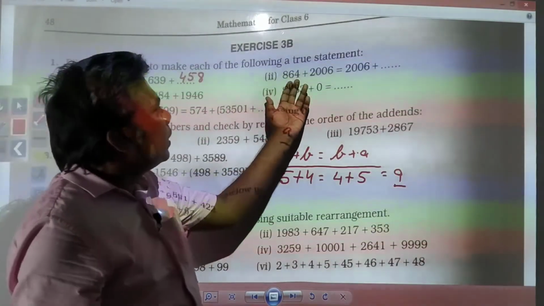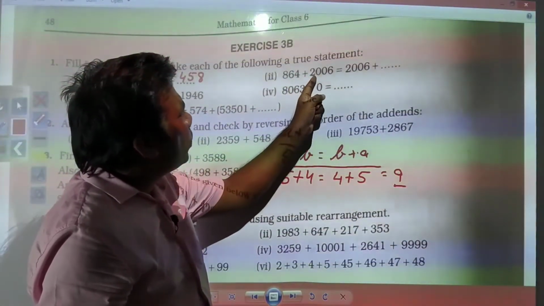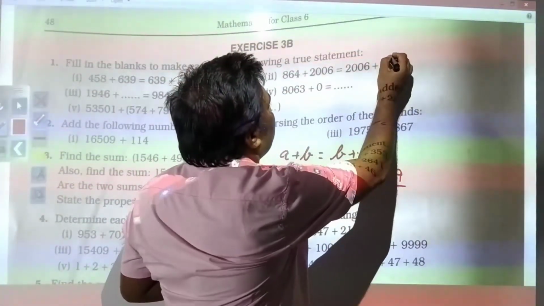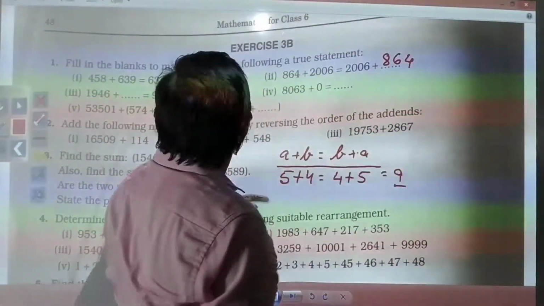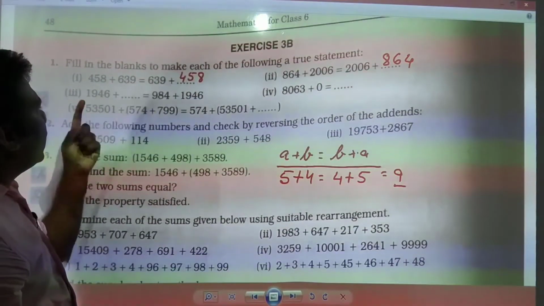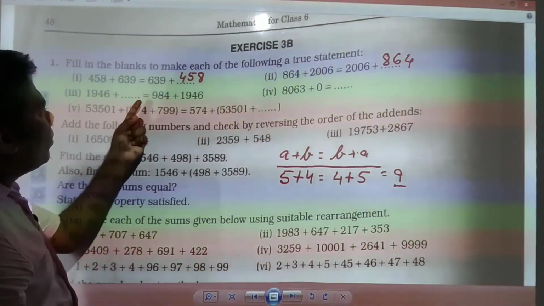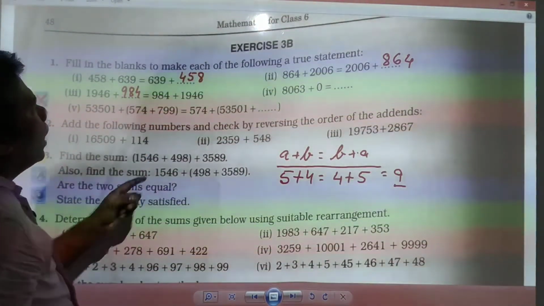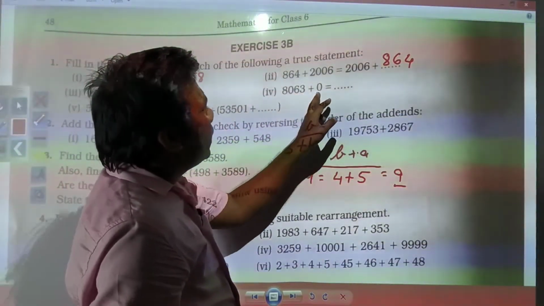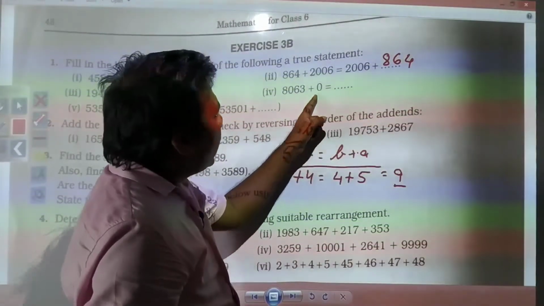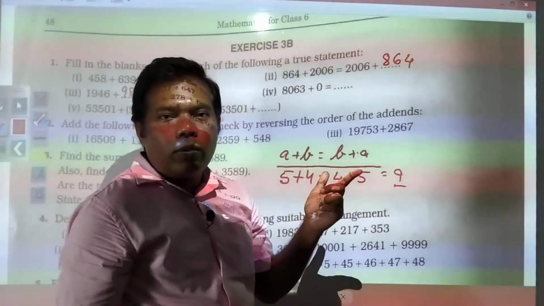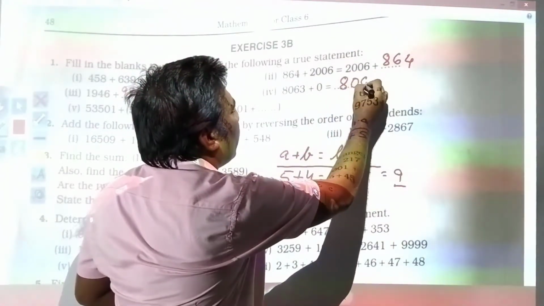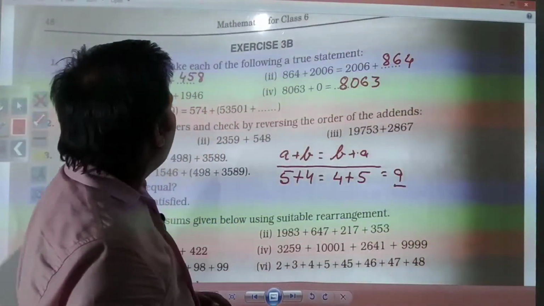In the same way, 864 plus 2006 can be written as 2006 plus 864. Next you have 1946 plus what number? 984. And here you have 8063 plus 0. If you add 0 to any number, what do you get? The same number, it will not change. That was already explained.